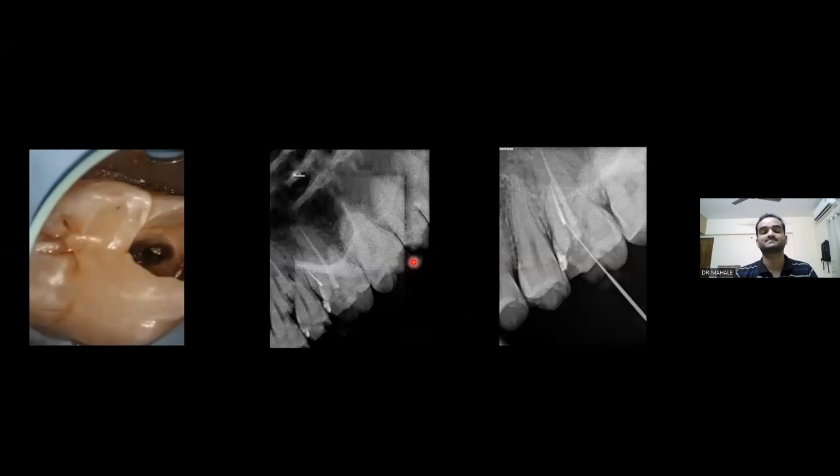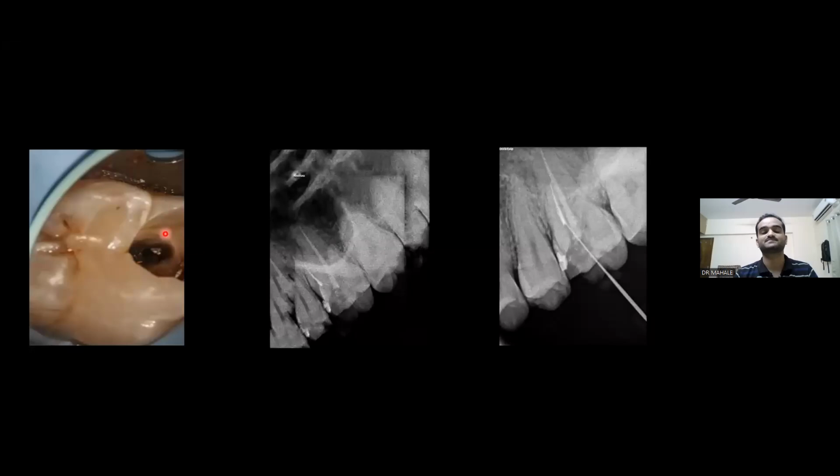So what I did was I used ultrasonic to de-roof this segment and expose the file head completely. Then I used the endodontic explorer to free the file head from this outer curvature.